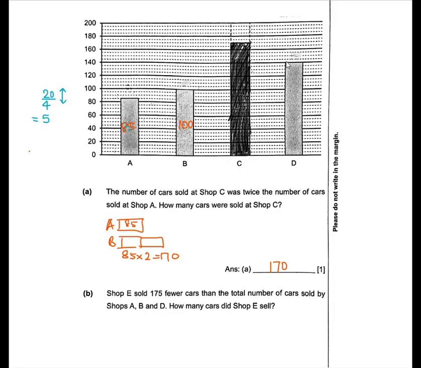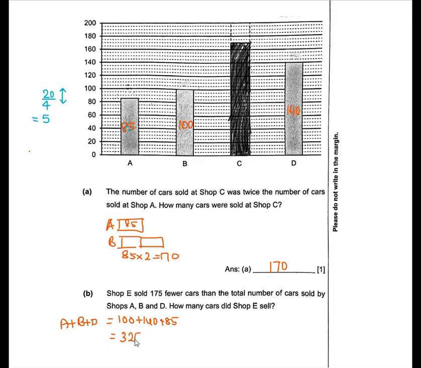D is also 140. So A plus B plus D. They sold 140 plus 100 is 240, 240 plus 85. So that is actually 100 plus 140 plus 85. So that is equal to 200, 280, 320, 325.